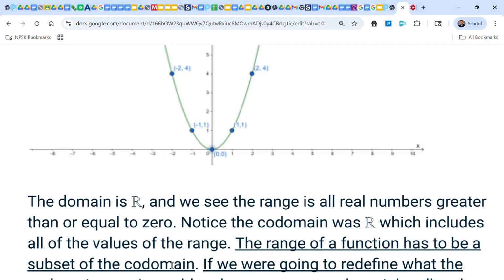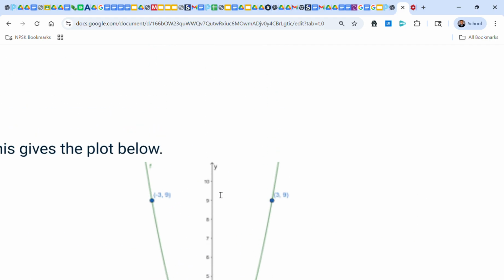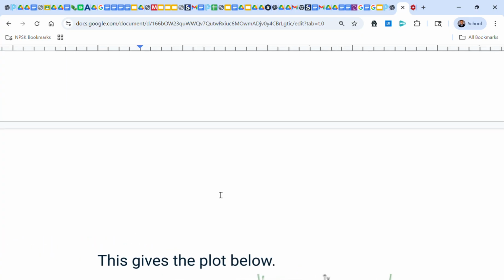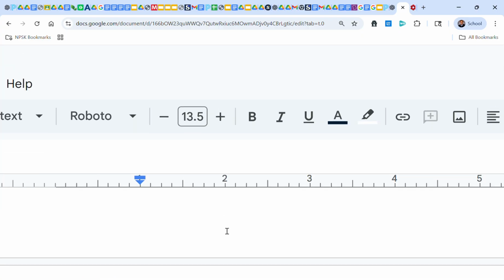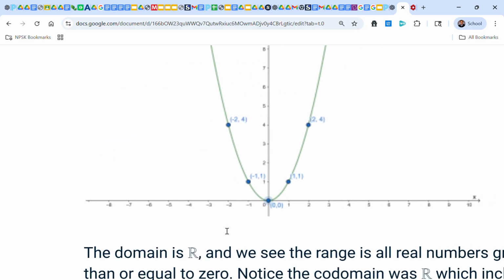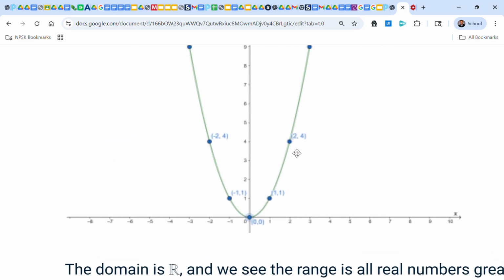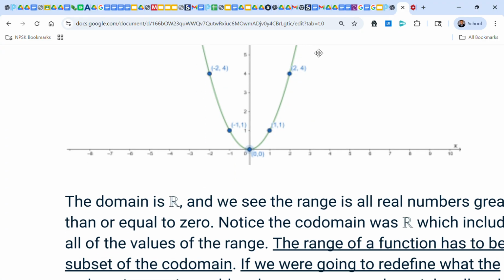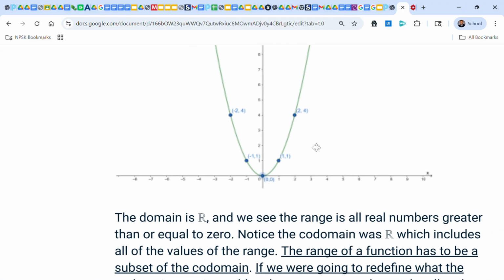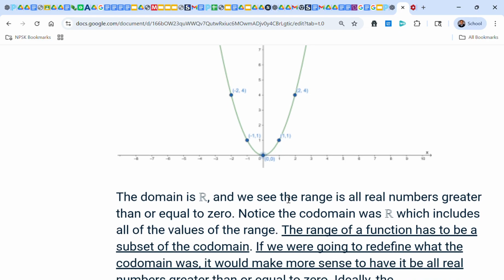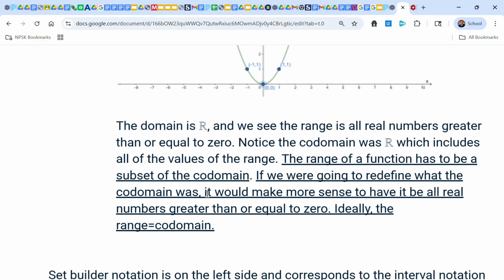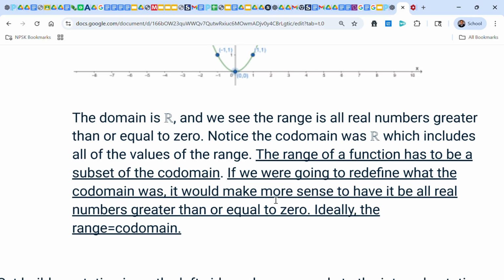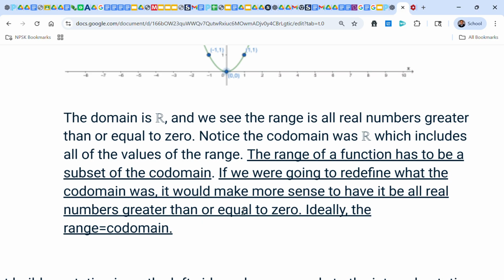I don't know when you would want to say that the codomain of this function is all real numbers, because really the codomain could be all values from including 0 all the way up to infinity. So if we're going to redefine what the codomain was, it would make more sense for it to be all real numbers greater than or equal to 0.